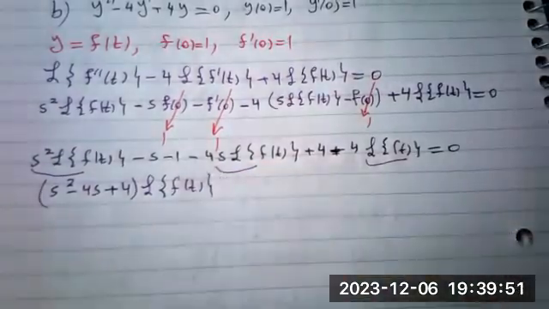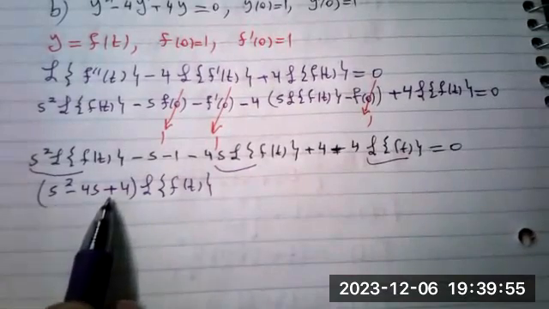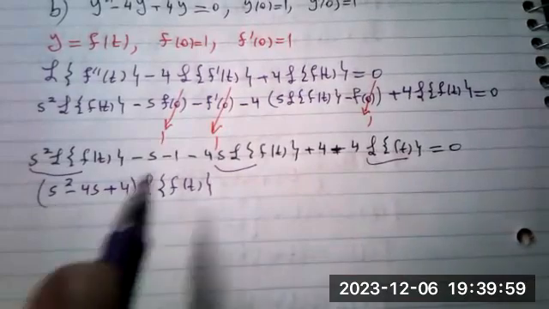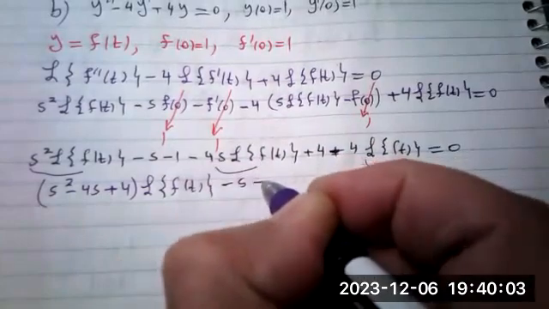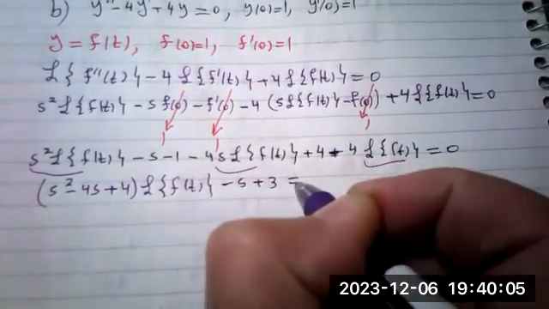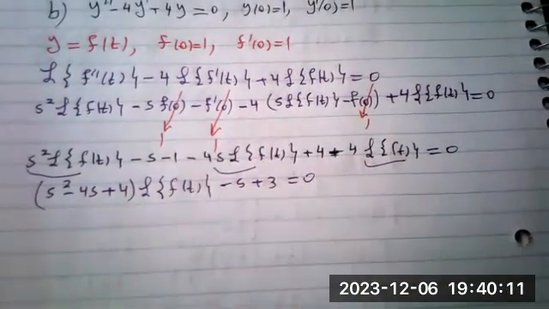This means we are safe because the coefficient must be the characteristic equation. The leftover is minus s, this is minus 1 and plus 4 that gives a positive 3, nothing else. Okay, negative s plus 3.